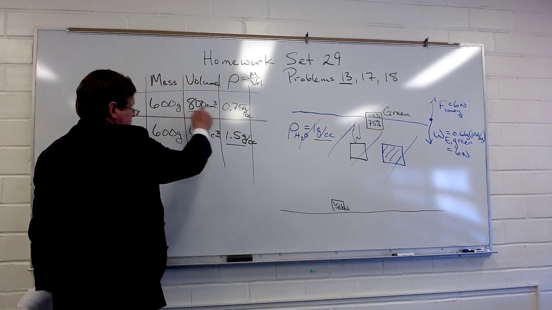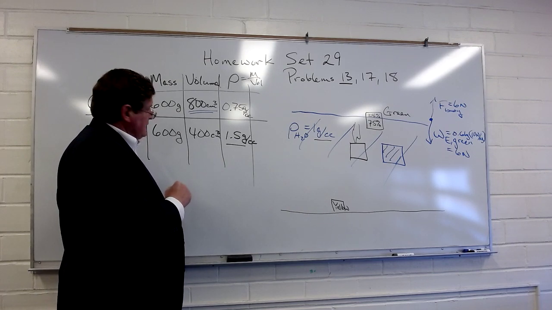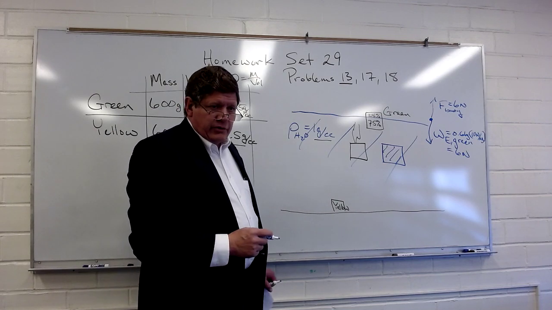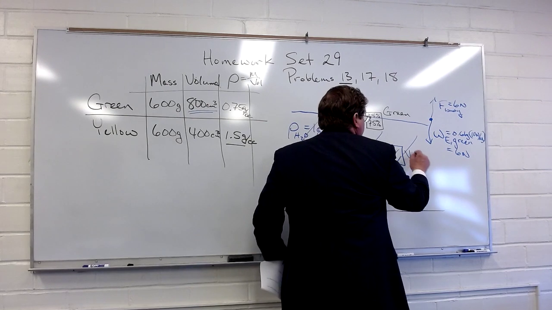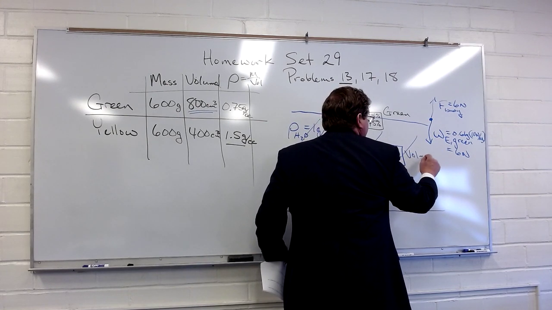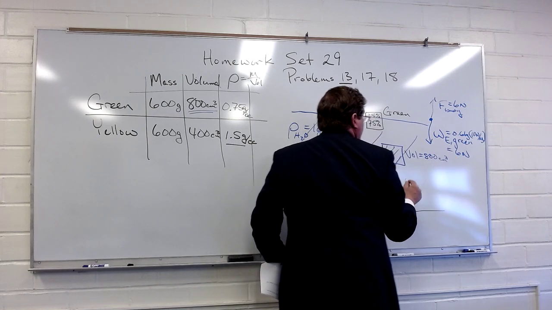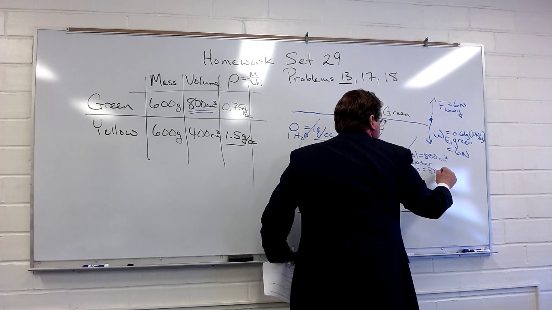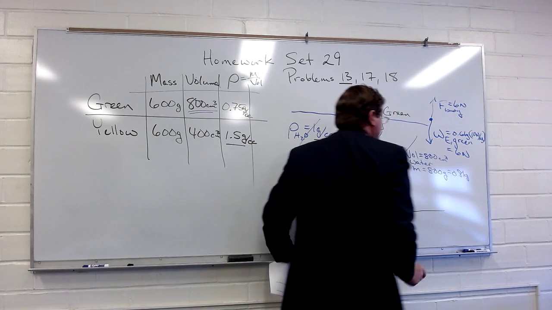Well, I know that the green object is taking up a total space of 800 centimeters cubed. Well, how much would that weigh? If this has a volume of 800 centimeters cubed and it's water, that means it has a mass of 800 grams or 0.8 kilograms.